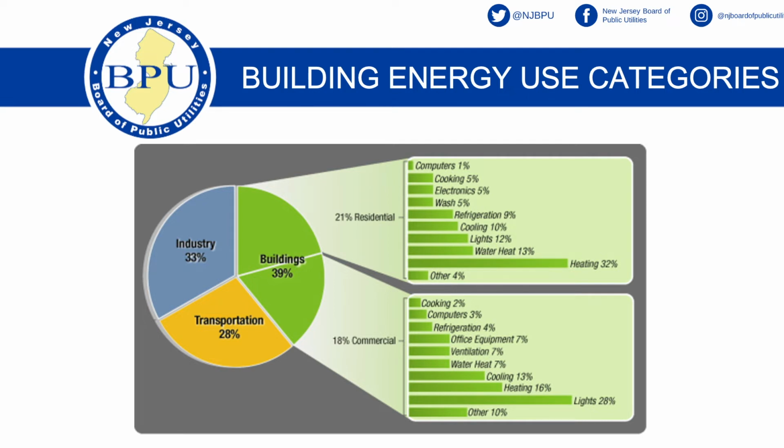If you look at what it takes to cool the building, 13%, and then you look at ventilation, it costs about half of what it costs to cool the building. Now, why is that? Well, because you've got to take all that cold air that you made and throw it out.